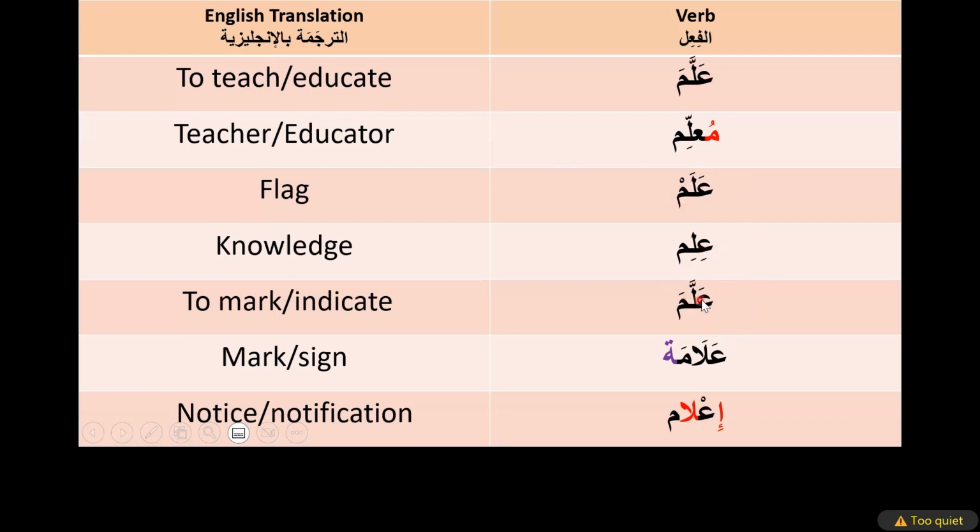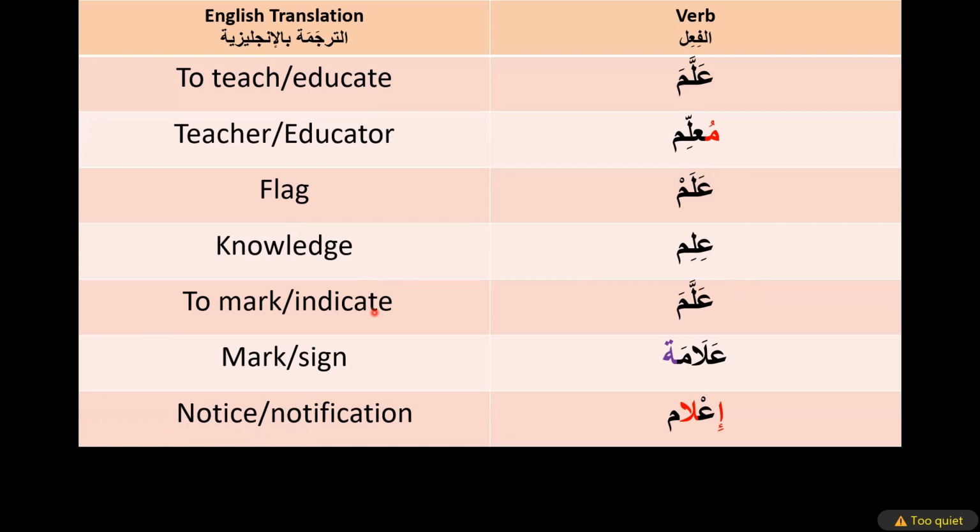And then 'allama, see the lam has the shadda. Say 'allama, as if we have two lams, as opposed to here 'alima. Very quick: 'alam, 'alima, 'allama. That's to mark or to indicate, like to make a mark. Say you have a piece of land, say 200 square meters.